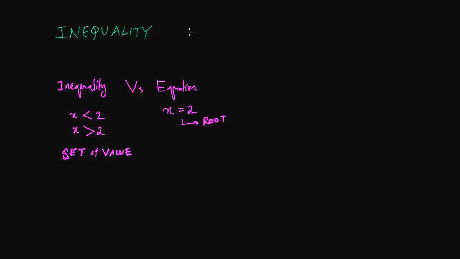Now when we say that we have to solve an inequality, before that we have to be familiar with the two inequality symbols. They are called the less than symbol, and remember to read it from the left, because from the right it looks a bit different. So from the left, this is called the less than symbol, and the other inequality symbol is called the greater than symbol.